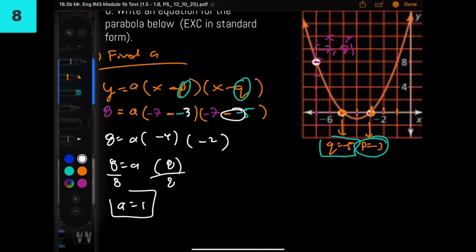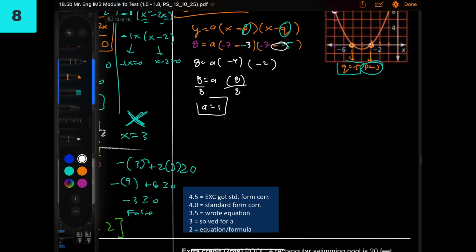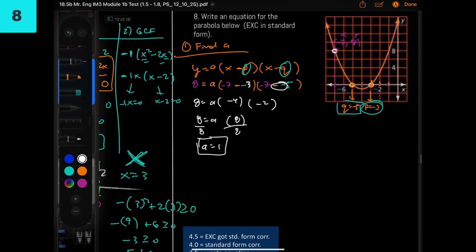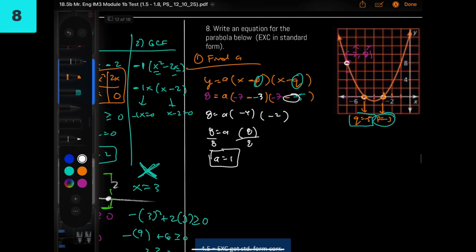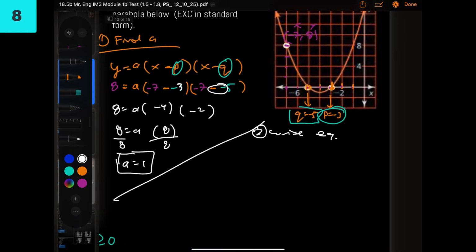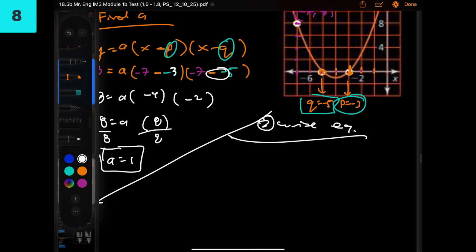Now, if you got that far, I gave you 3 points. If you wrote the correct equation or formula, then I gave you 2 points. Okay, so let's write an equation now. Okay, so here I'm just going to be using the A, P, and Q. A value is 1.